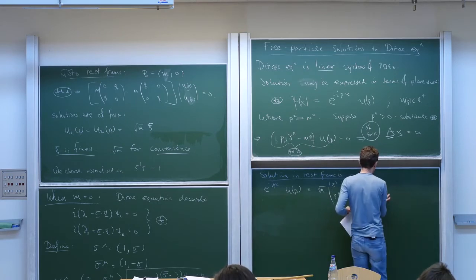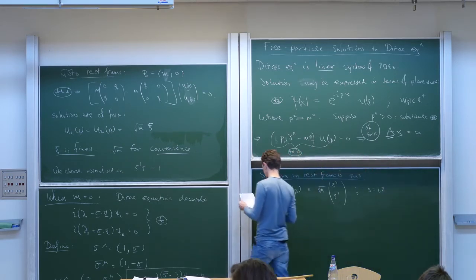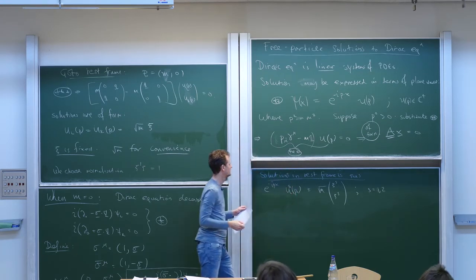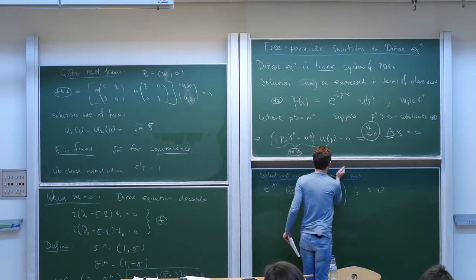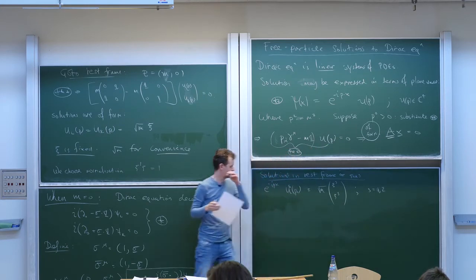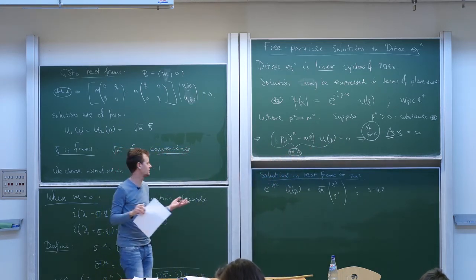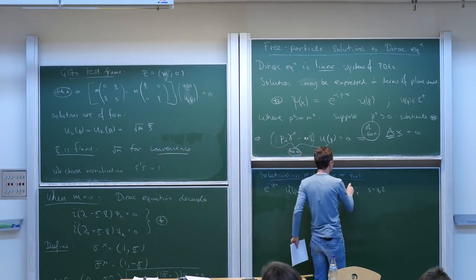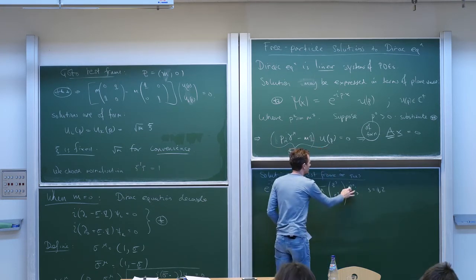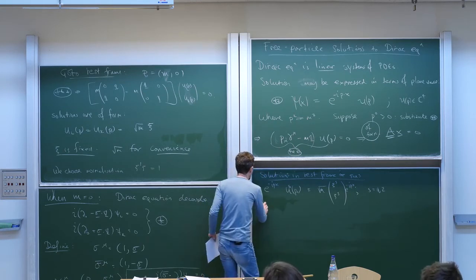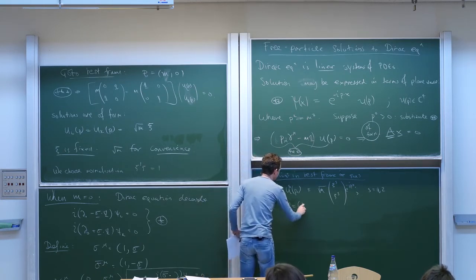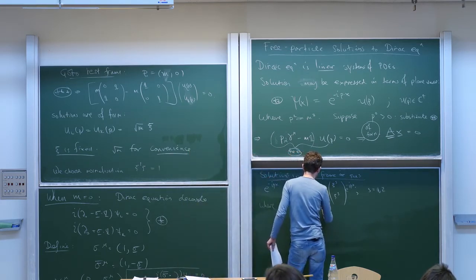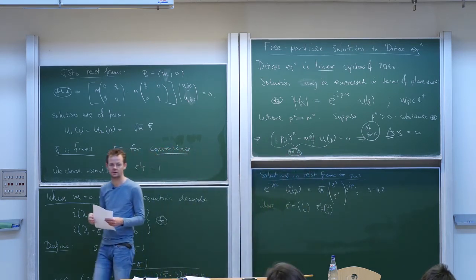So we get a full two-dimensional linear space of solutions in the rest frame given by e to the minus i p x times u(p naught), minus i p x, like this, where psi1 is your favorite two-component complex vector and psi2 is your next most favorite two-component complex vector.